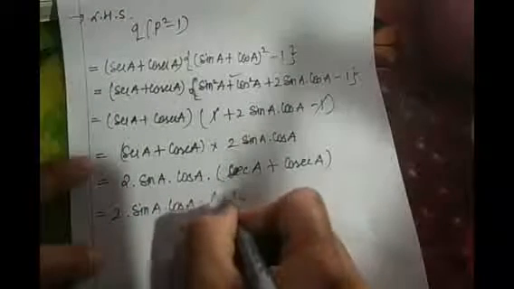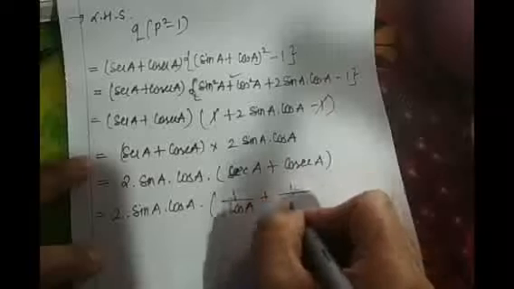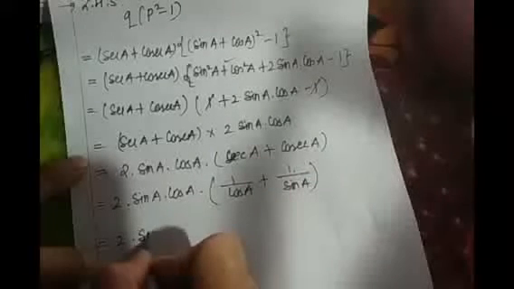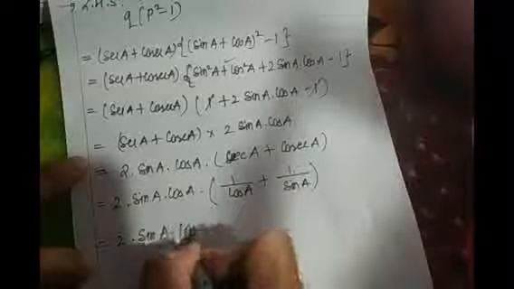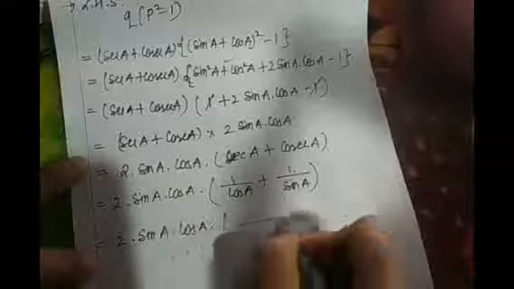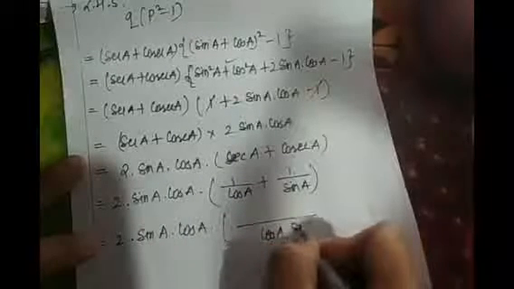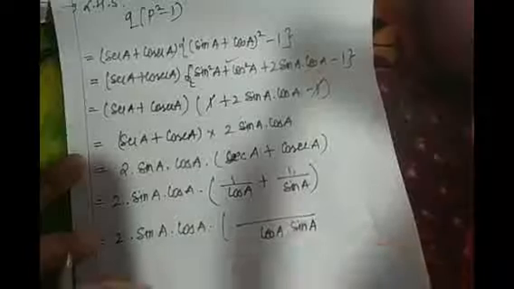Sec means 1 by cos, and cosec means 1 by sin, isn't it? Again, focus on this bracket. So 2 into sin A into cos A into, let's take the LCM. The LCM here is cos A into sin A. I hope you are getting it.